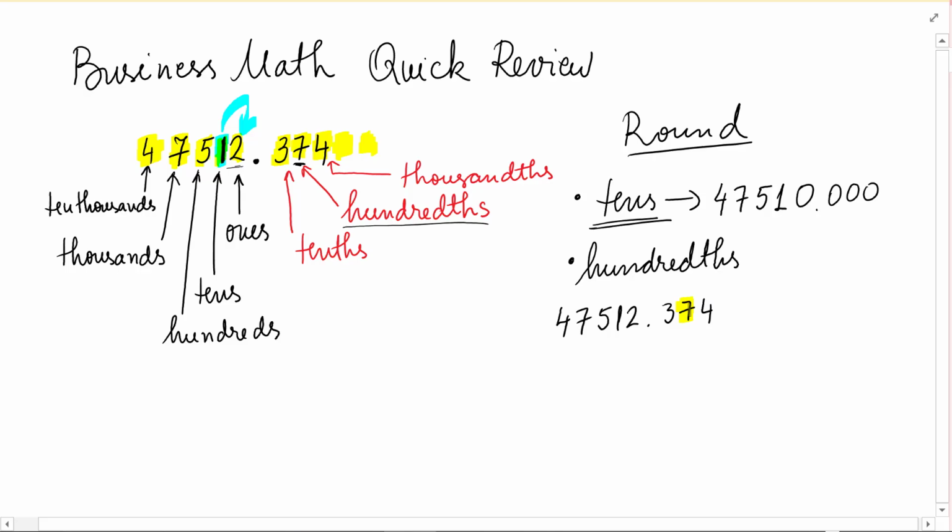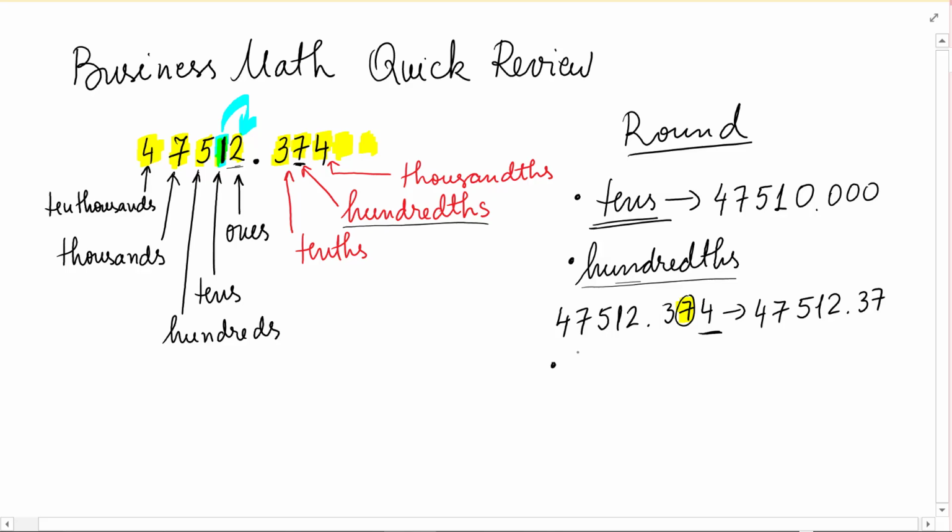So what it means, we look at the next digit after 7, right? That is 4. And again, because it is less than 5, this 7, our main character, remains unchanged. So our number now rounded to the nearest hundredth is 47,512.37. No more 4. 4 is gone because I want the nearest hundredth, so I want only 2 decimals after the decimal point.